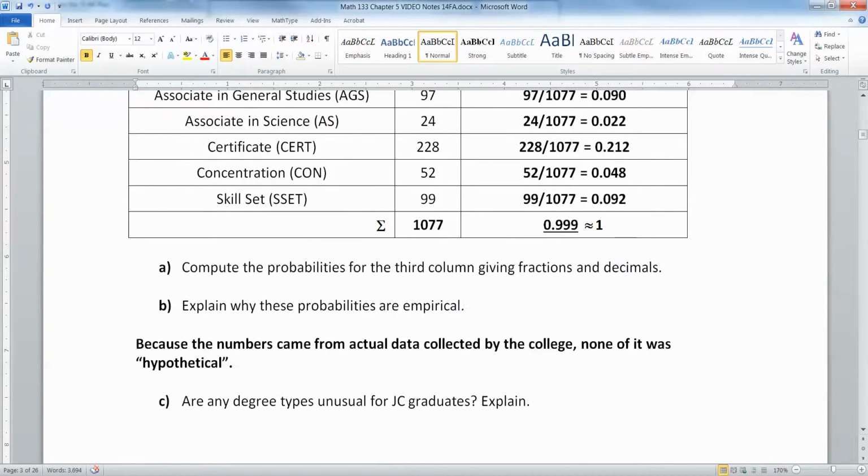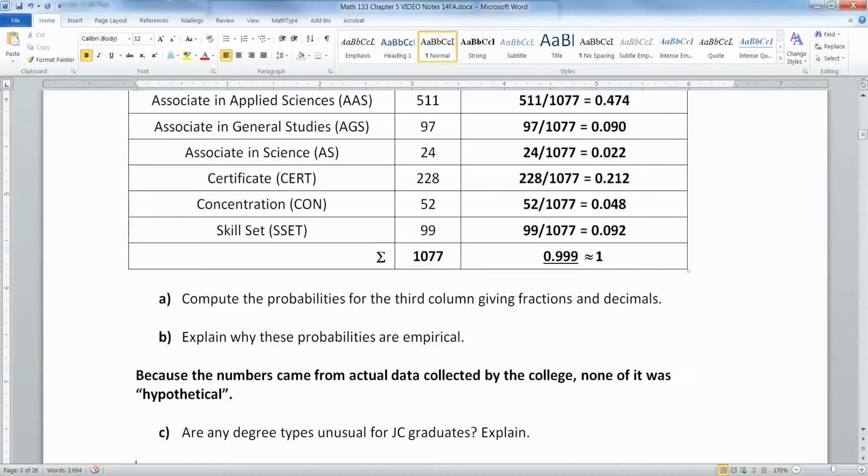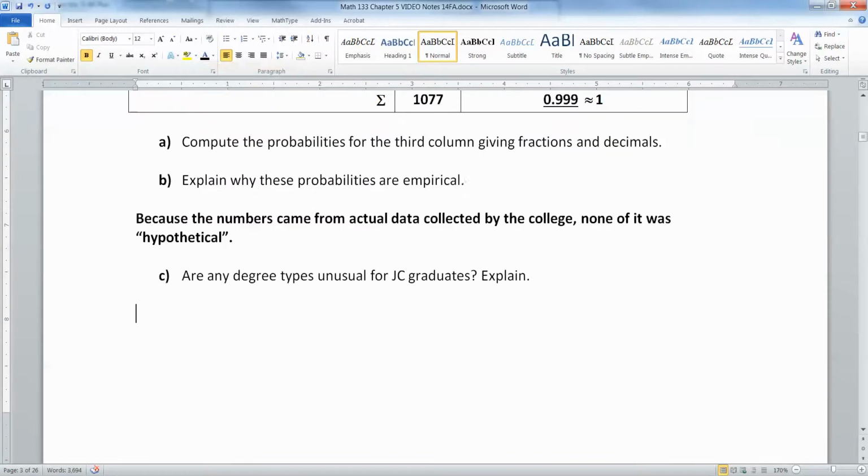All right, now, are any of the degree types unusual for JC graduates? Well, remember back from chapter 3, unusual means less than 5%, okay?